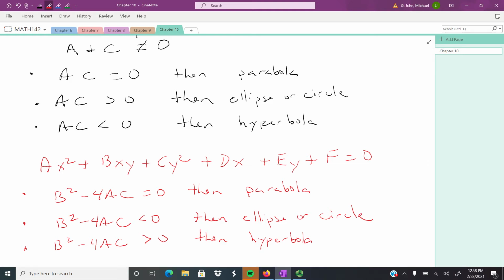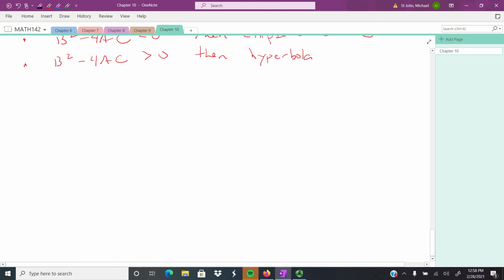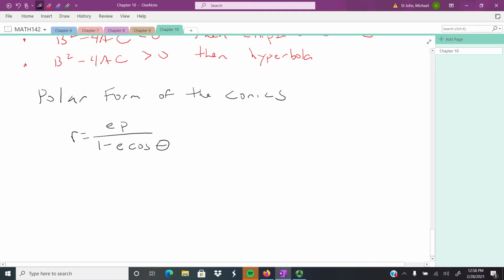Well, other ways of writing our conic equations is we can rewrite them in a polar form. And so r equals ep over 1 minus e cosine theta. And so e has to do with how eccentric the curve is.